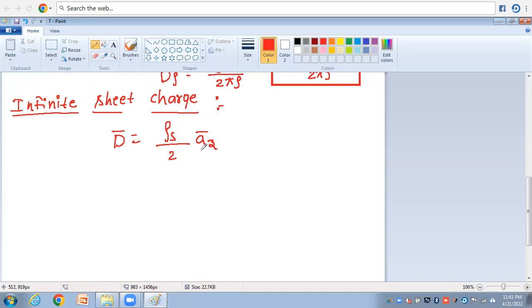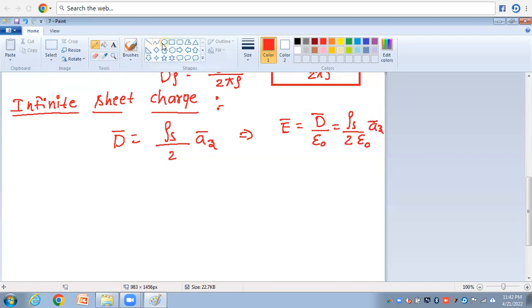Same discussion here also. This I have discussed in my previous lecture. Anyway, I will write here E bar equals D bar by epsilon naught. Finally, D bar equals epsilon naught E bar equals rho s by 2 with a z bar.